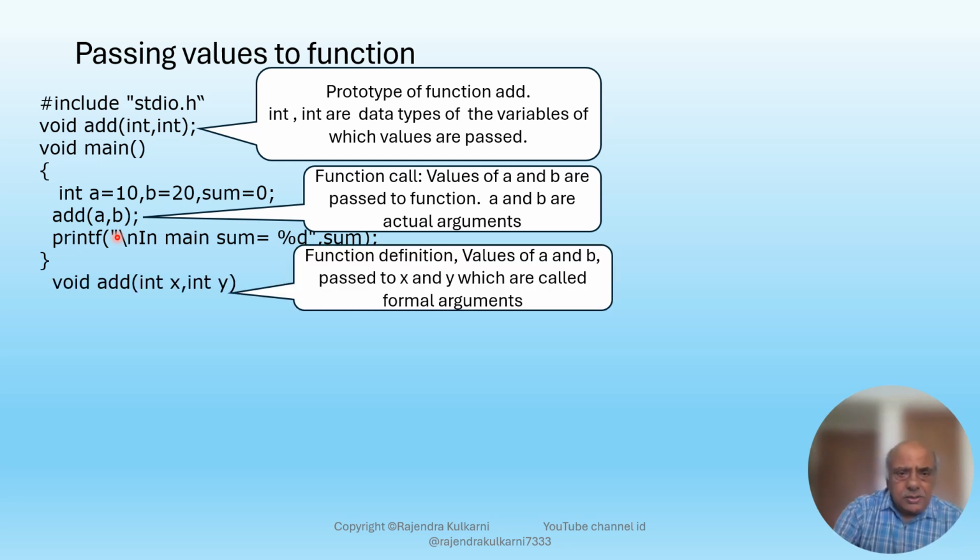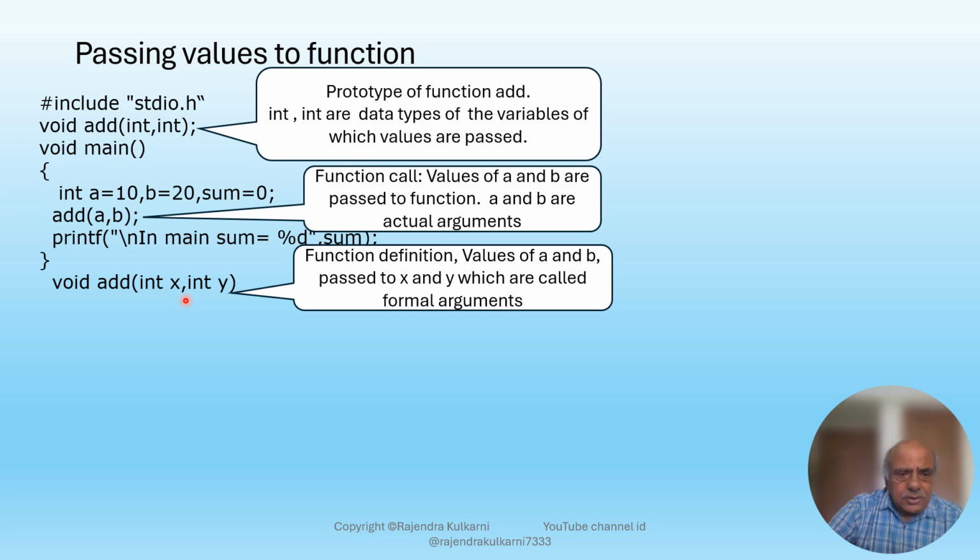Then there is a function definition, void add, with int x comma int y in the parentheses. These are called formal arguments. The arguments appearing in the function definition are called formal arguments.